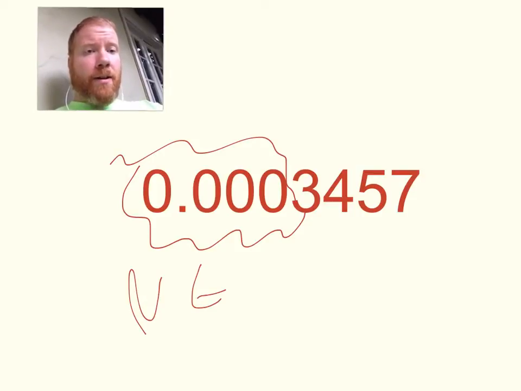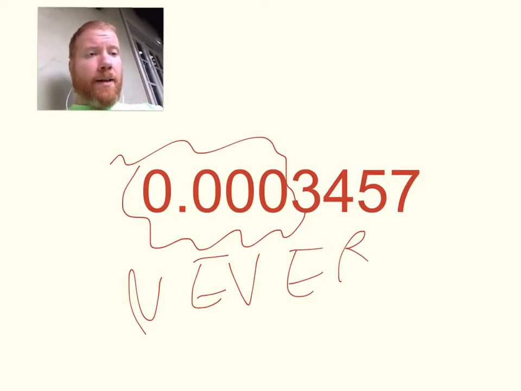Okay, they're zeros that are in front of the first sig fig. And the rule for leading zeros is that leading zeros are never significant figures. Never. Okay? So these front zeros over here, all of them, are never significant. Okay? Never. Not ever one time.